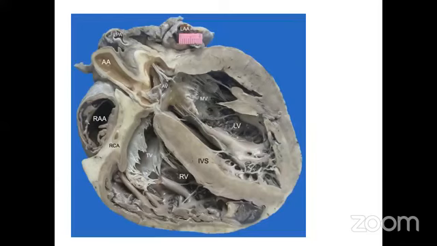Now here we have taken a longitudinal section of the heart, what we call the four-chamber view. So thrombi are very frequently seen in the right atrium, but they are also seen in the right ventricle as well.